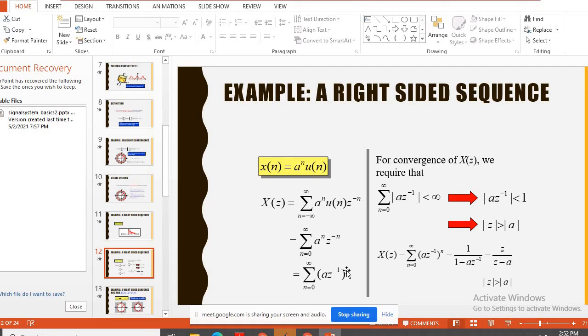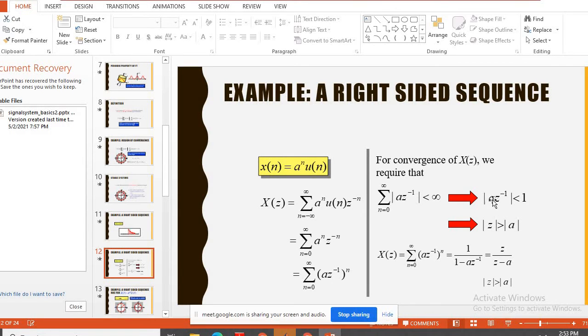So what is that formula? Sigma alpha raised to n. If it is less than 1, if it is greater than 1, you have different terms. Why are we taking less than 1? Because we drew the sketch earlier, for example, decaying, so we assumed a into z raised to minus 1.